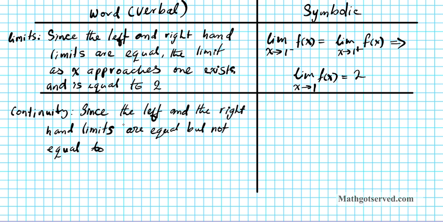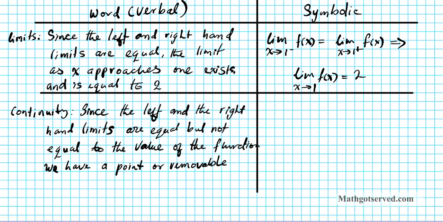If the left and right hand limits are equal but not equal to the value of the function, we have a problem, a break at the point, because the value of the function is a point. So we have a point or removable discontinuity.